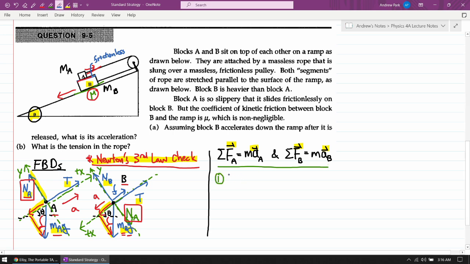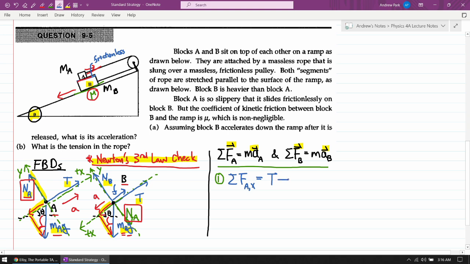So I have net force on A in x direction is, okay, I'm looking at this free body diagram here for A. I have tension force in the x direction, and I have the x component of the gravitational force. So tension force is going in the positive direction, and I'm using the convention where I try to indicate the directions in my equation so that all the symbols will be a positive value.